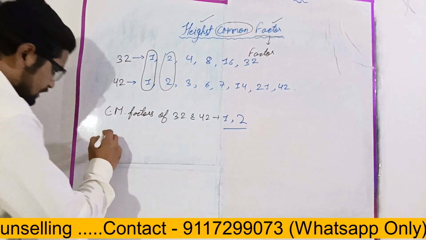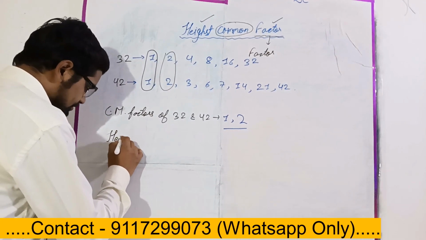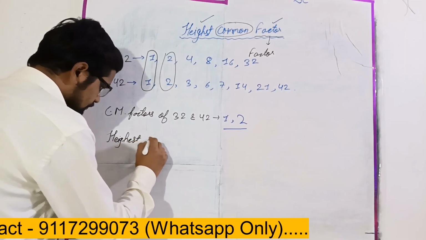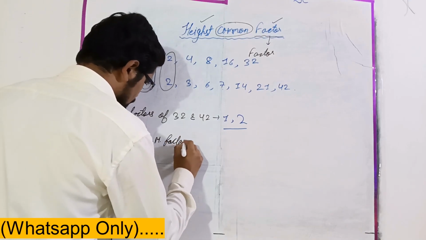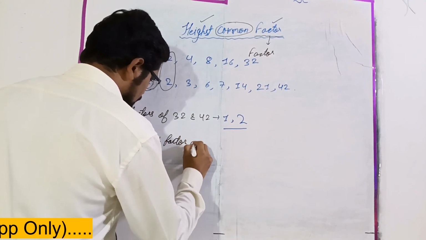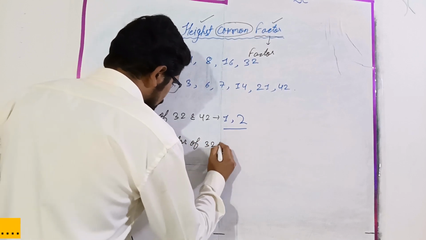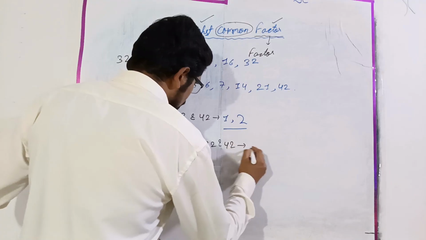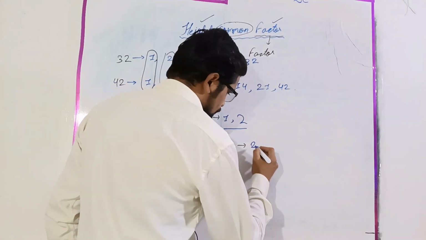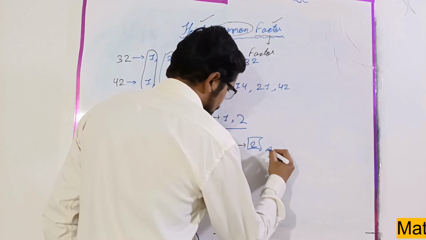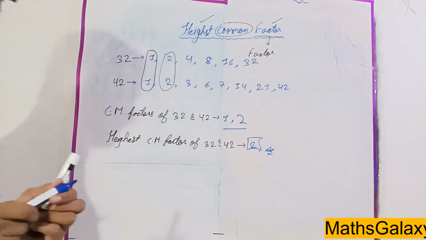So here we will say highest common factor of 32 and 42 is 2, right?